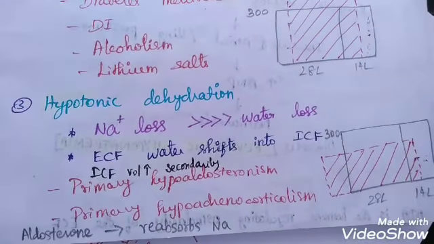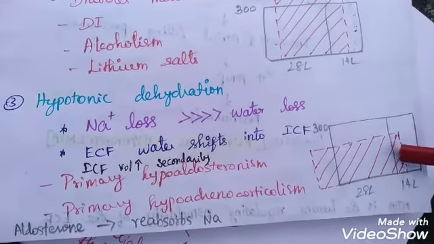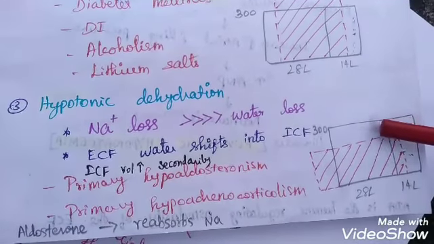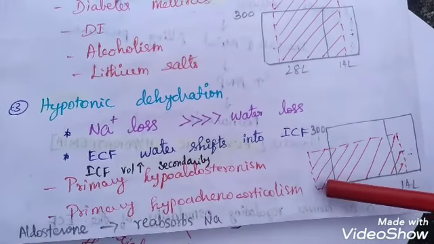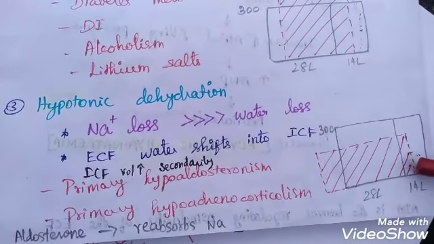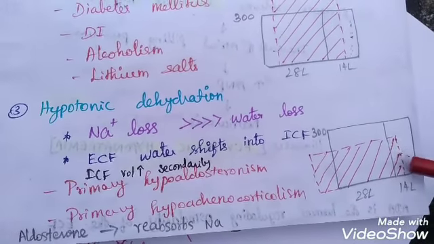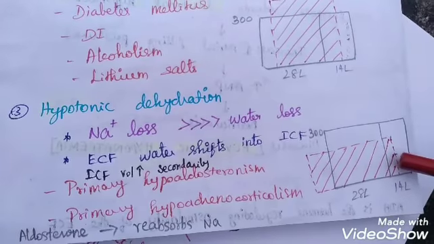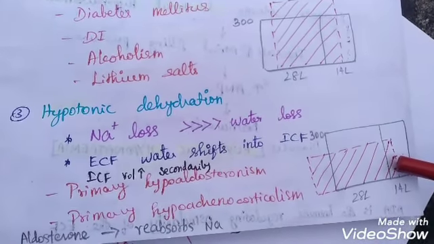Then hypotonic dehydration. Here in this picture you can see the tonicity is low and the ECF expands. So what happens is water is lost, but sodium loss is much more than water loss.